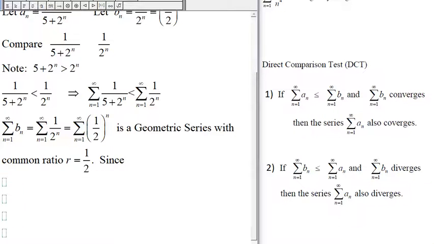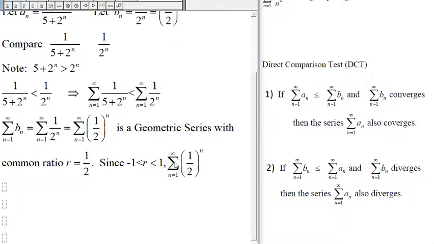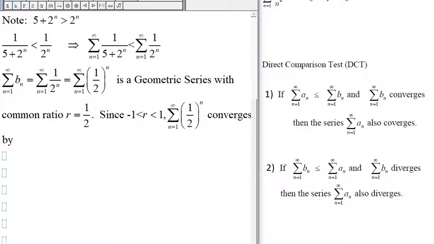And since r of 1/2 is between -1 and 1, this series right here converges by geometric series test. Remember that the geometric series test says that if we have a common ratio between -1 and 1, then the series converges.